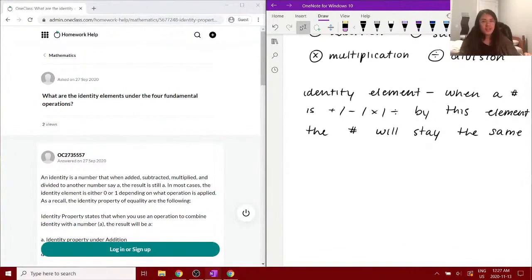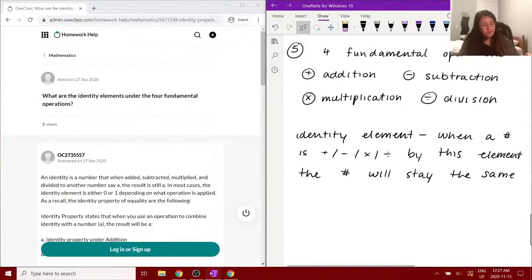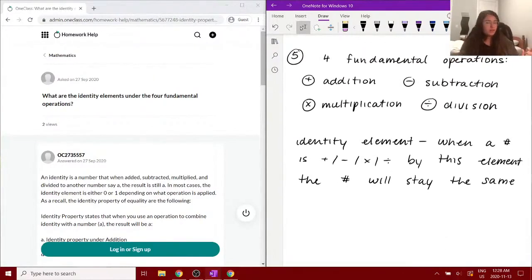Okay, let's look at the examples. So I'm going to go through each of the fundamental operations and talk about what is the identity element for each. So typically you'll see that it's either 0 or 1.